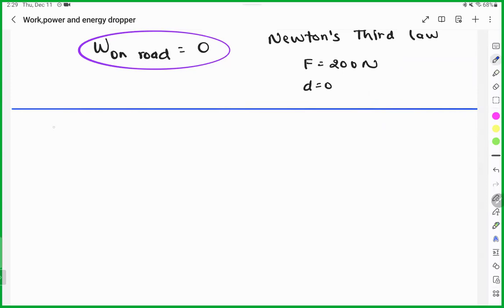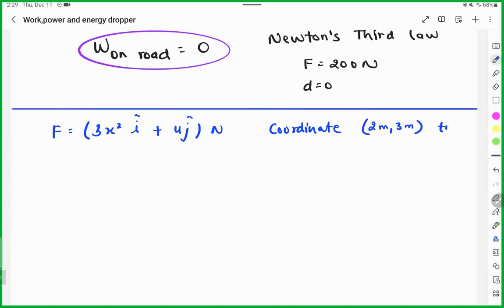You have a force of 3x square i cap plus 4 j cap, in Newton, and this is the force acting on the particle. How much work is done on the particle if it is moving in coordinates from 2 meter, 3 meter to 3 meter and 0 meter?